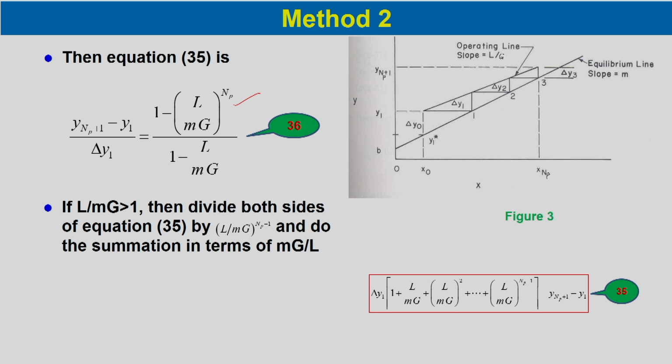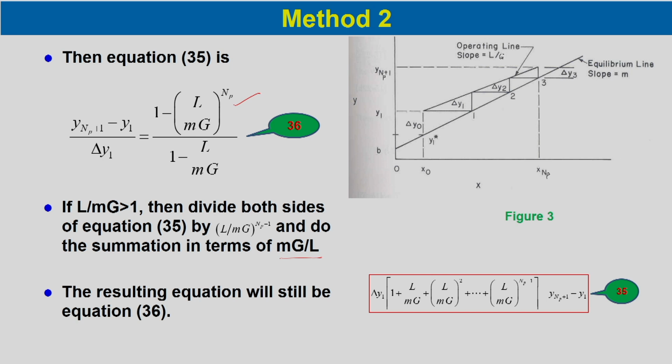If L by m g is greater than 1, then divide both sides of equation 35 by (L by m g) to the power n p minus 1 and do the summation in terms of m g by L. If we do so, the resulting equation will still be equation 36, the same equation we will obtain.